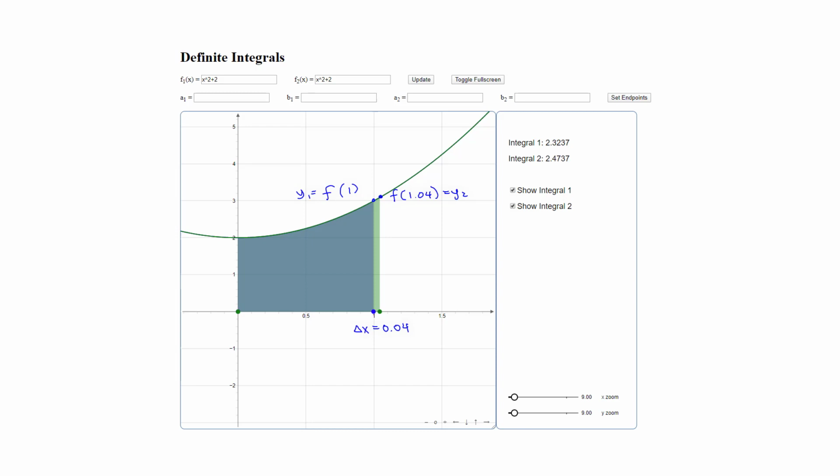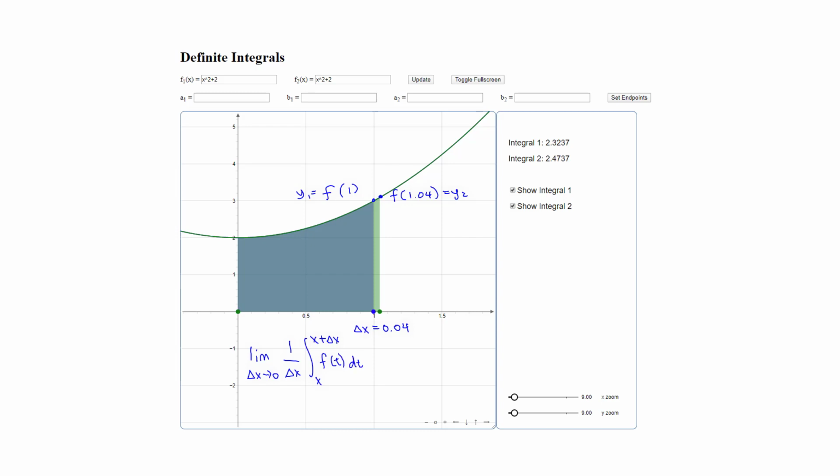But what I'm actually interested in is finding the value of this limit as delta x goes to 0 of 1 over delta x times the integral from x to x plus delta x of f of t dt.